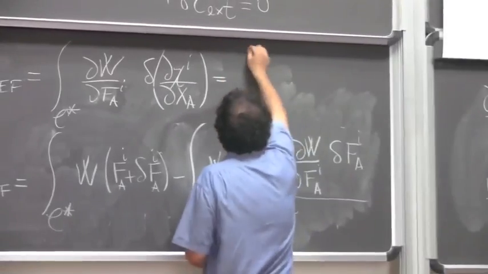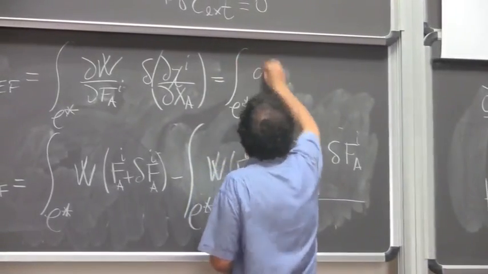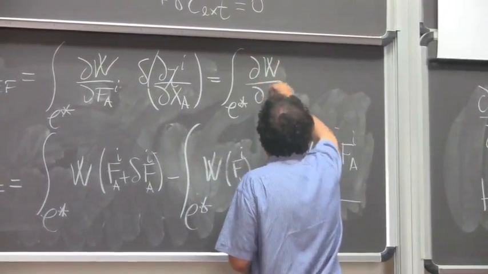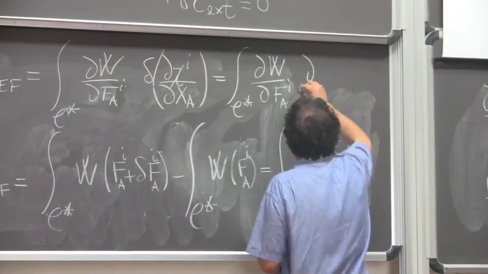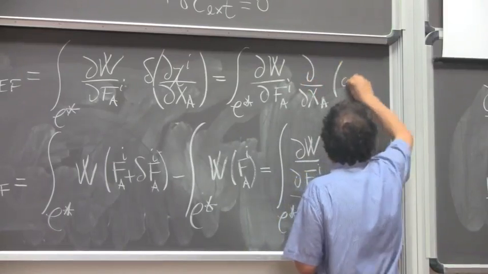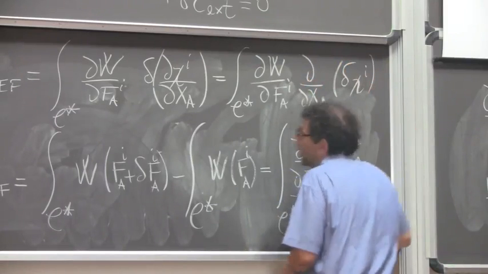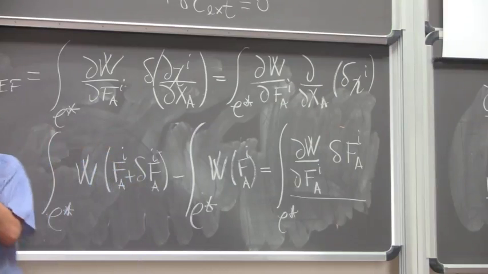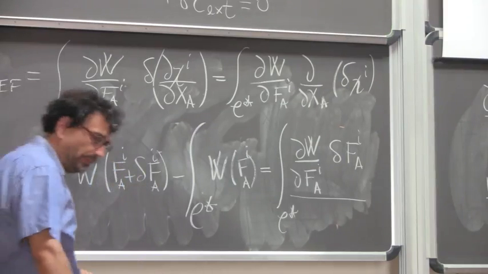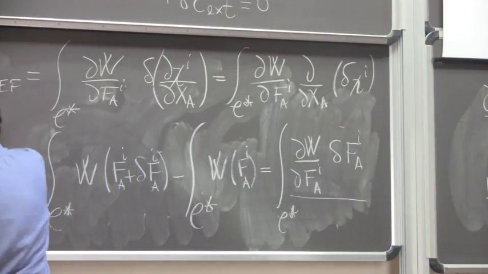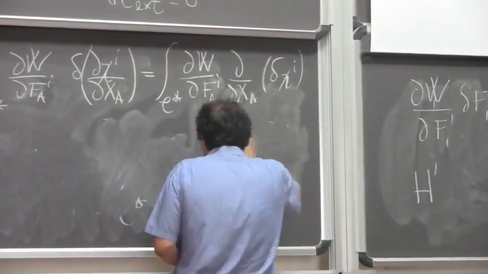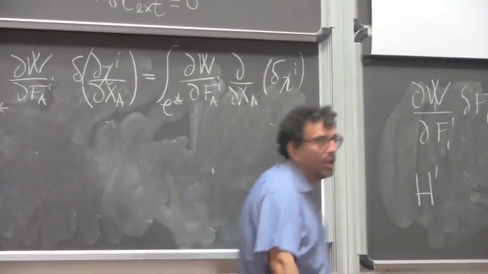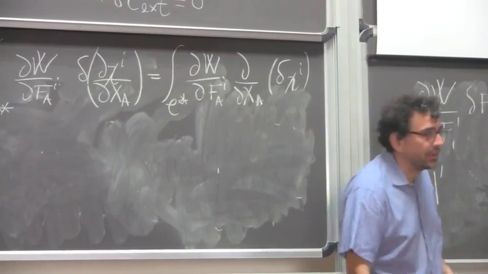So this is equal to the integral of dw over dFi, derivative of delta. Okay, now Leibniz rule holds also for partial derivatives.